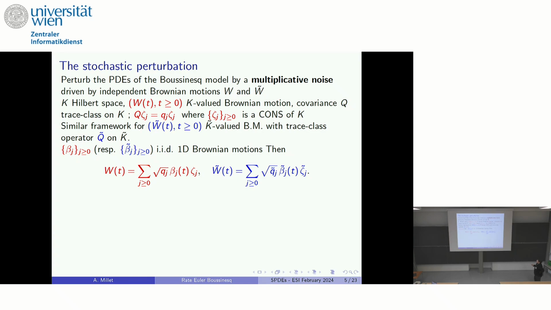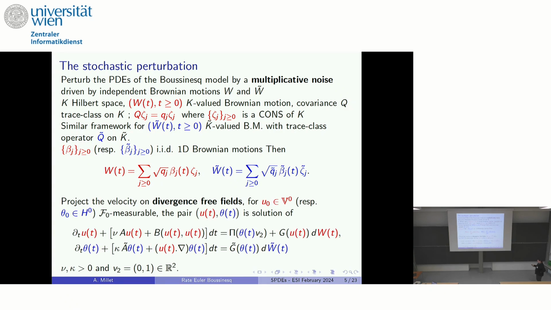Temperature is perturbed by multiplicative noise driven by W tilde, which is another Brownian motion, independent of the first one, with Q-Wiener noise, which means that you can have these expansions of both infinite dimensional Brownian motions on K and K̃.